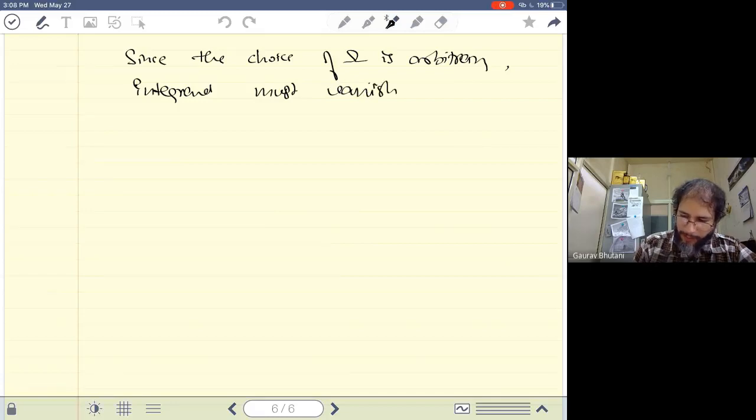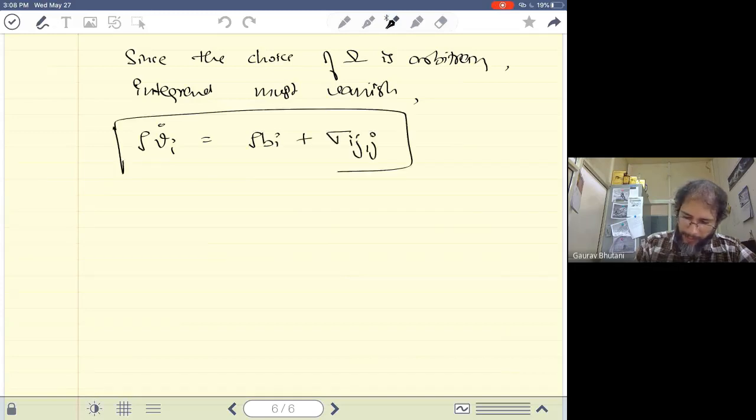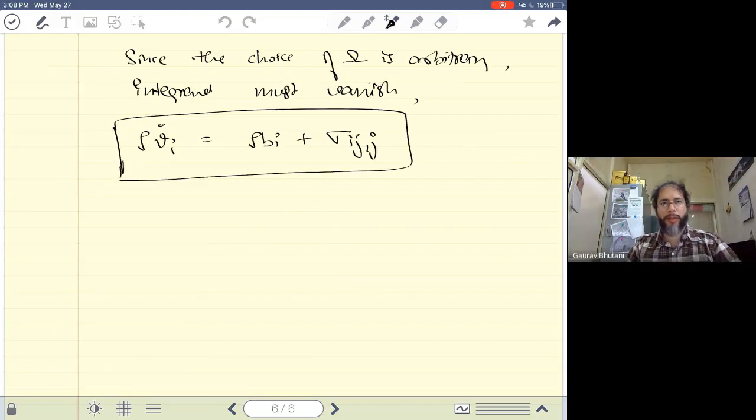What that means is rho bi dot is equal to rho bi plus sigma ij comma j. So this is your linear momentum equation for continuum bodies.